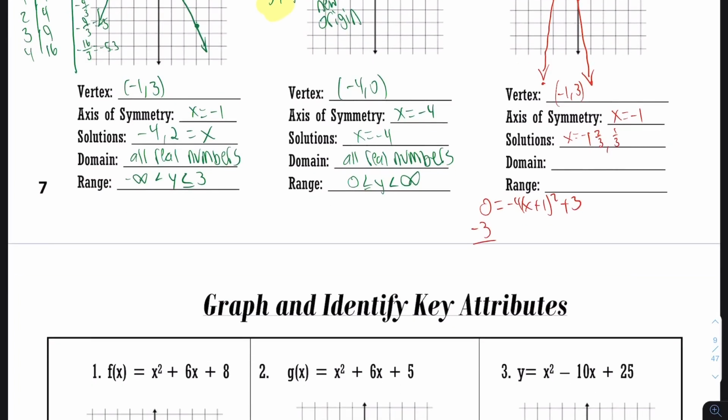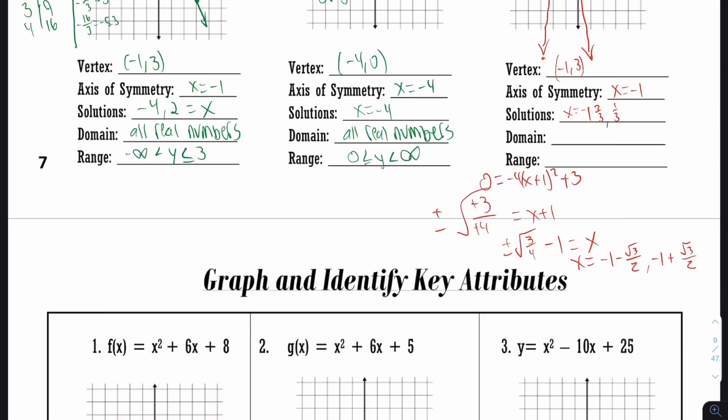Move the 3, divide by the -4, square root, plus or minus, subtract the 1, plus or minus square root of 3/4 minus 1 equals x. And so that answer would be x equals -1 minus square root 3 over 2, -1 plus square root 3 over 2.